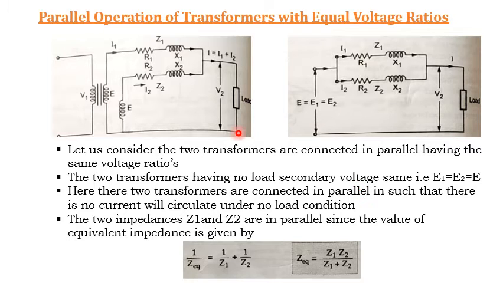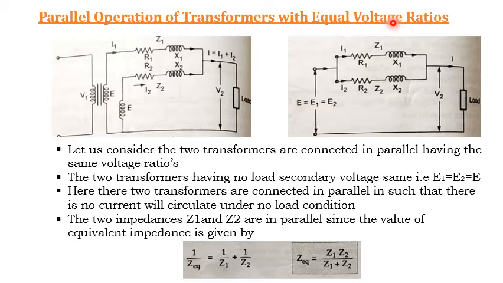In this video, let us discuss two cases of parallel operation of transformers. The first case is the parallel operation of transformers with equal voltage ratios. That means the voltage ratios of both transformers should be equal. Under this case, we will discuss the load sharing.